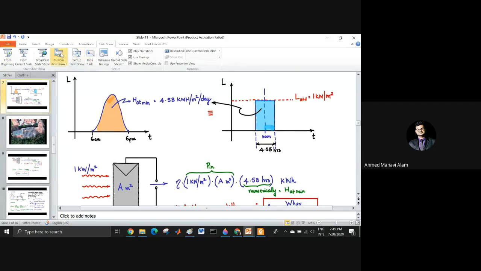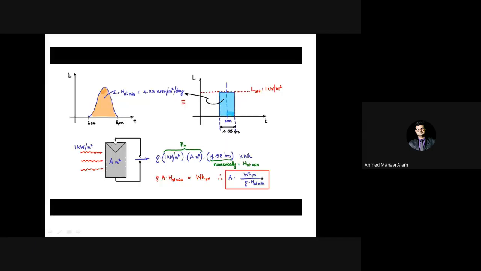Okay, so now, if you remember, suppose I want to know the WHPV, the watt hour I am getting from the PV cell. This is my target. This is what I want to know, what is the WHPV.